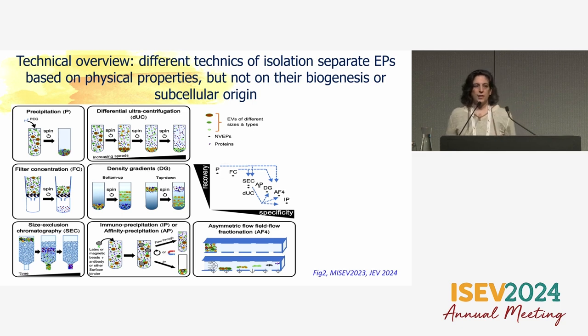So all these methods are differently distributed on this grid, but the point here is that the way these methods isolate EVs is based on their physical properties and not on their biogenesis or subcellular origin. So when you isolate an EV, again, you cannot really know whether it was coming from a multivesicular body or from the plasma membrane or from any other unknown origin.